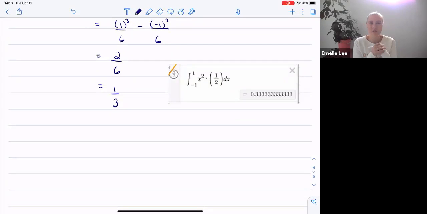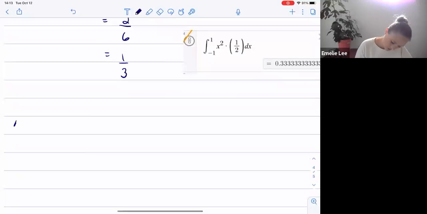One thing that's really nice, a nice property about expectation values or expected values, is that because we're dealing with sums and integrals, those calculations are going to be linear.